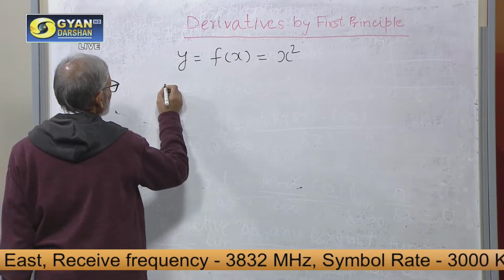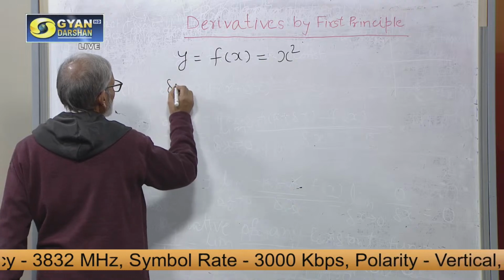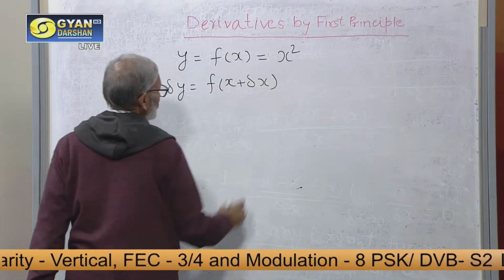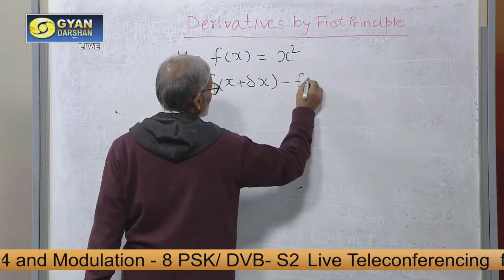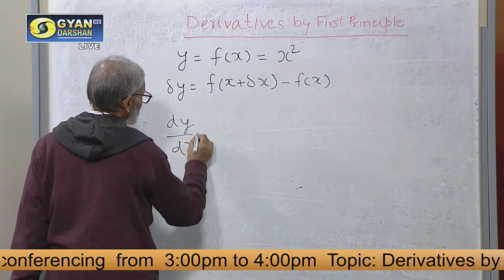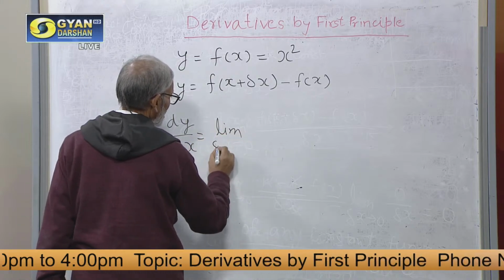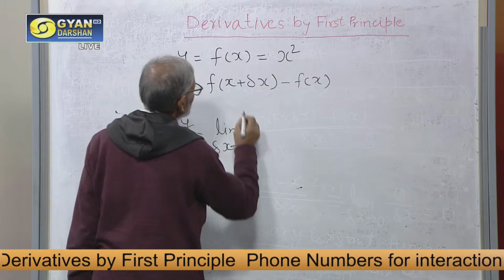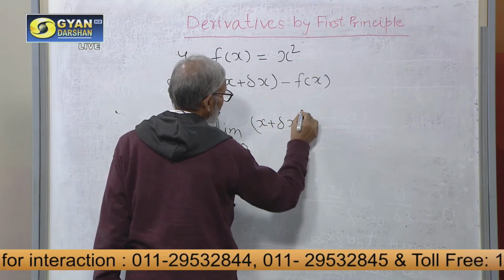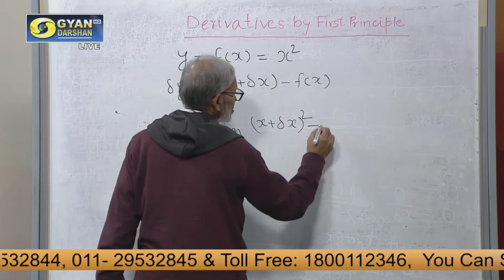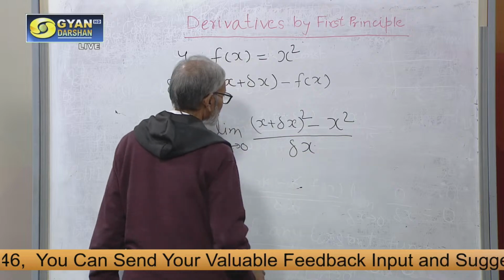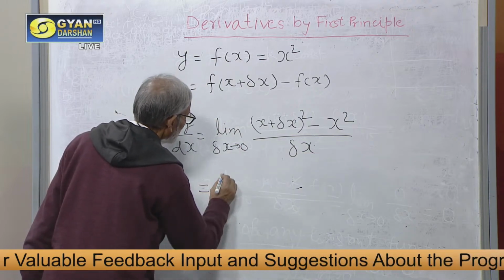So, delta y will be equal to, from first principle, f(x plus delta x) minus f(x), or dy by dx is equal to limit delta x tends to 0 of f(x plus delta x), which will be (x plus delta x) whole square, because the function is x square, minus x square, divided by delta x.